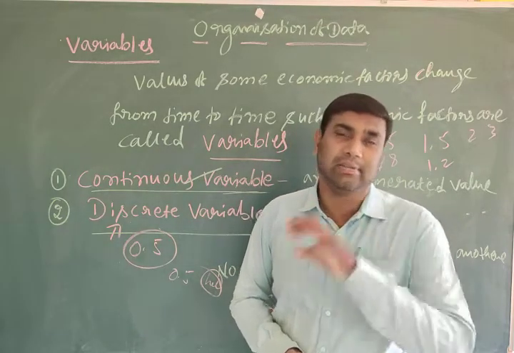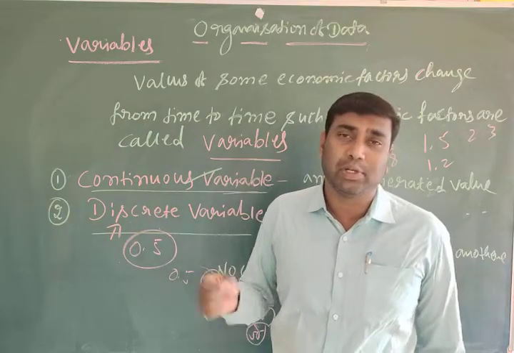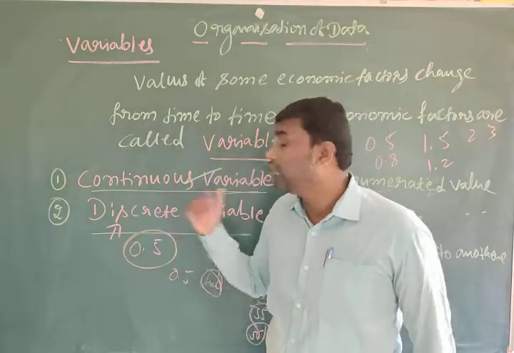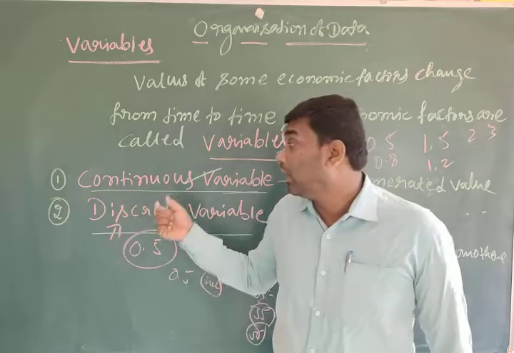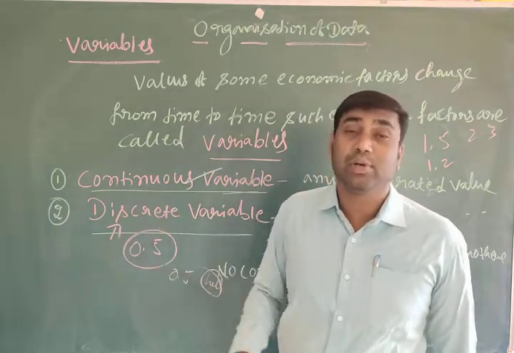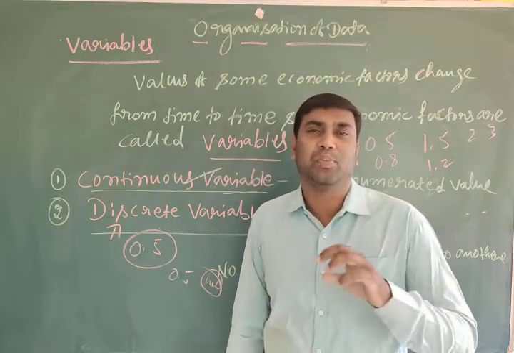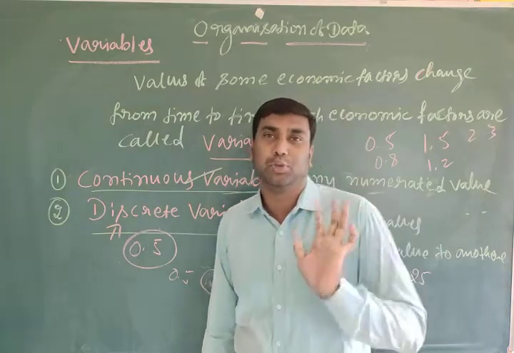This is a discrete variable. Further, in completing this chapter, we will again and again discuss the continuous variable and the discrete variable. To explain this, we have to study frequency distribution. The next topic is frequency distribution.